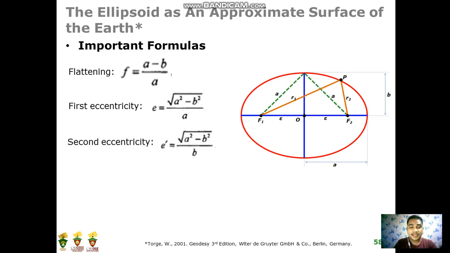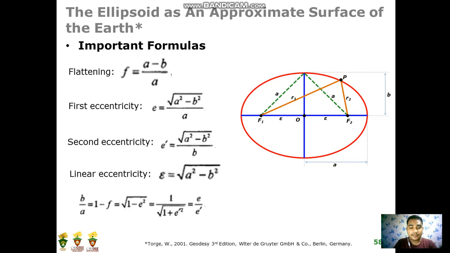Next is the second eccentricity. So, same lang siya sa first eccentricity, but ang iyang all over is semi-minor axis na siya. And we have also linear eccentricity, denoted as epsilon, that is equal to the square root of the semi-major axis squared minus semi-minor axis squared, or the square root of a squared minus b squared.